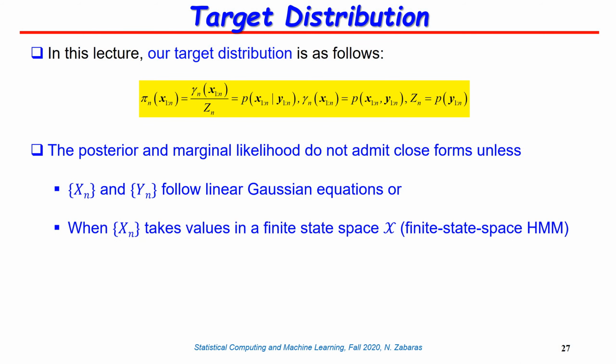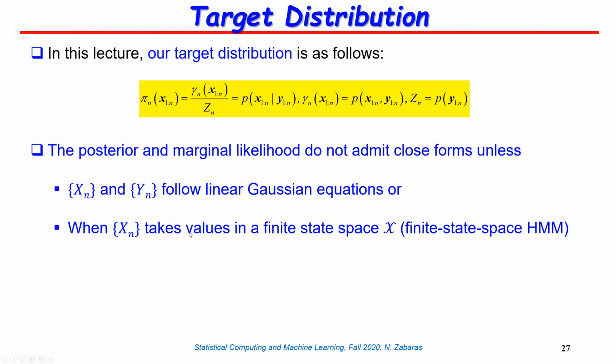Actually, I can generalize here a little bit, and we will see the details later on. So if the dynamic and the observation models are linear Gaussian, then we can use Kalman filtering type of equations. But also if the state is finite, all right?